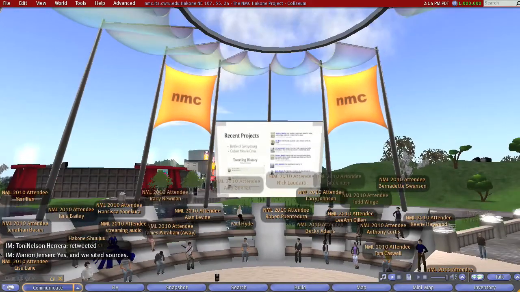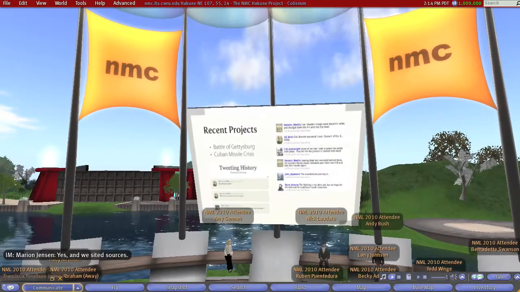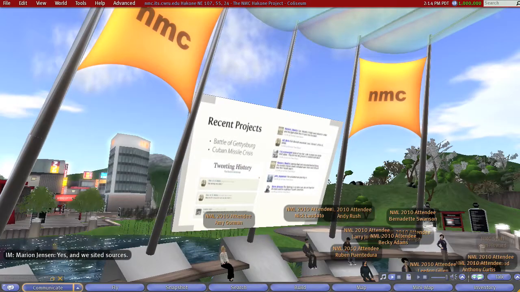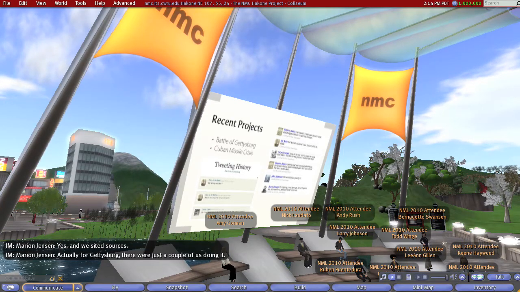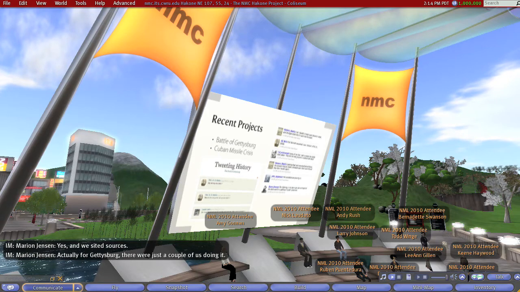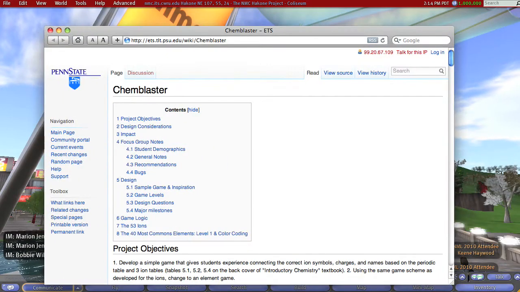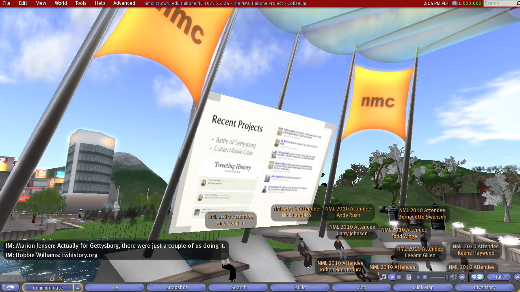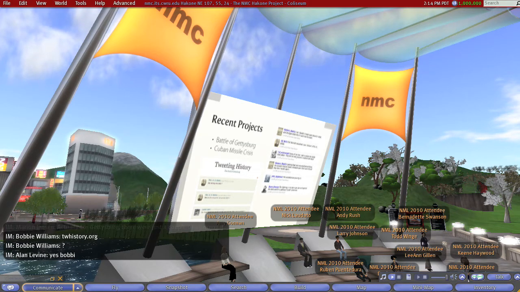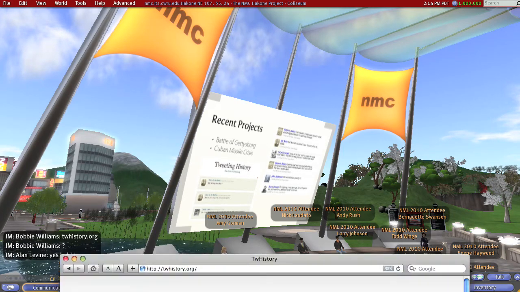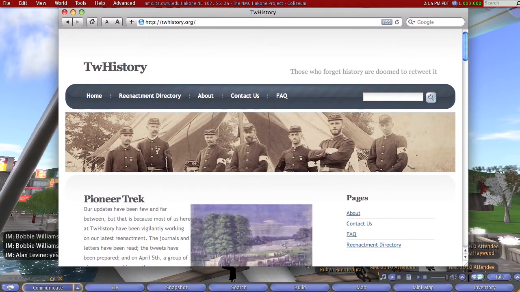At that point we had set up the website TwHistory.org, and we were putting together some ideas on how we could share this with others. But Carla, the Cold War history teacher, contacted us directly and asked us what the different ingredients were to make something like this happen. So that motivated us to put together a kind of recipe.